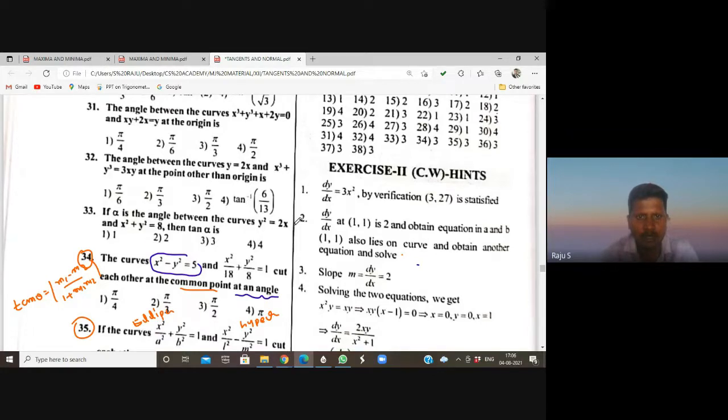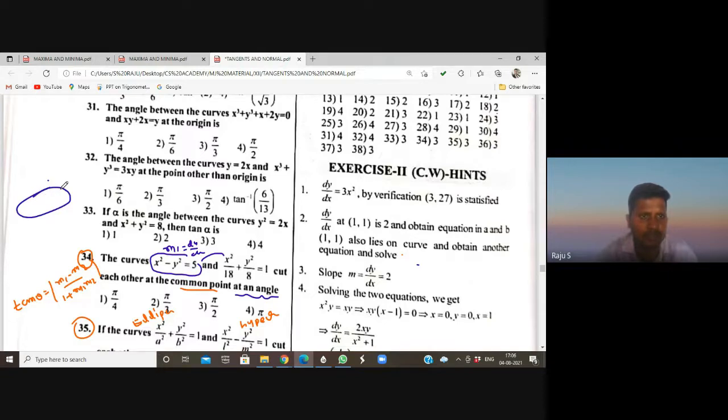Let's see here. How can you find the angle? First of all, we have to find the point of contact, nothing but we have to solve both the equations. So we will get the common point.